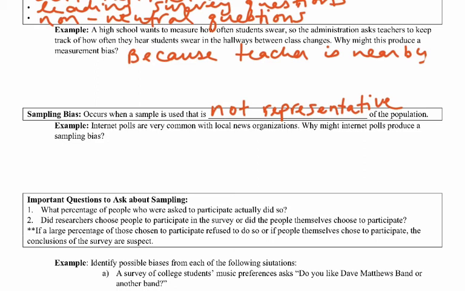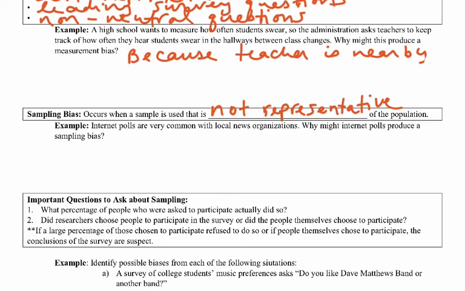This happens a lot when people survey, even with polling data for elections. If we ask people who they're going to vote for in just St. Johns County, that probably doesn't give us an indication about the entire state. It might give us information about the county, but it doesn't represent the entire state. So we might call that a sampling bias if someone claimed that it represented the whole state.